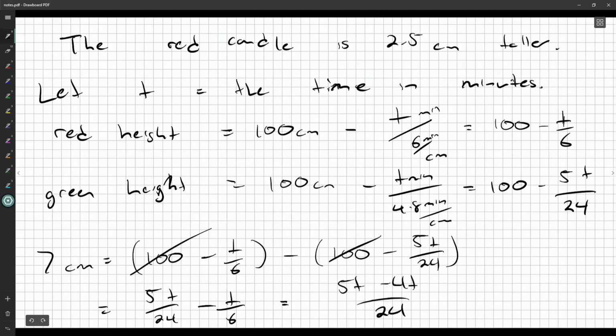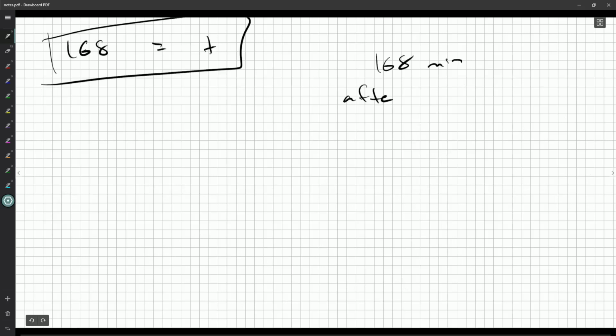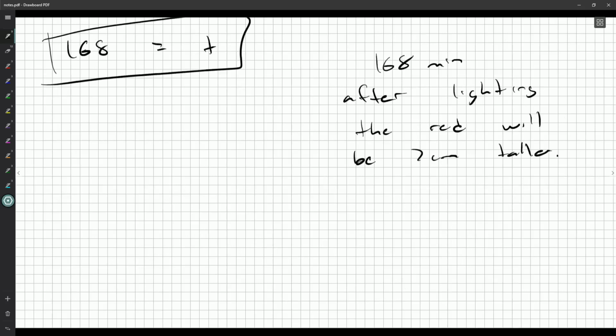And 5T minus 4T is just T, so there we go. So 168 minutes after lighting. The red will be 7 centimeters taller. Does this make sense?